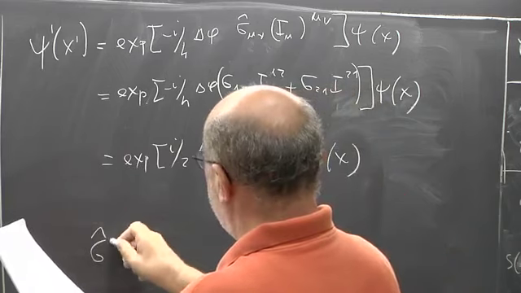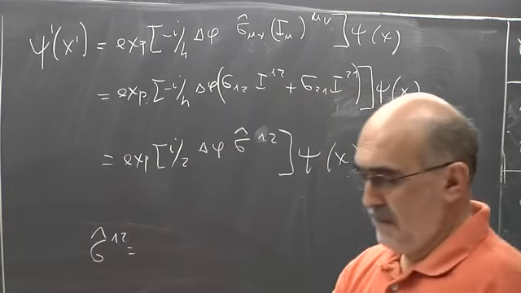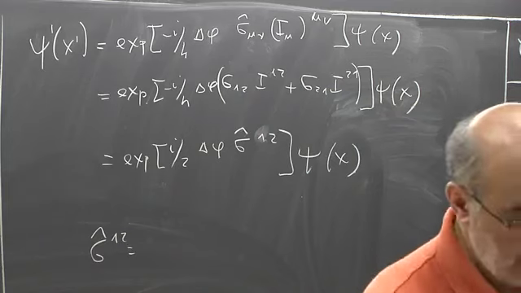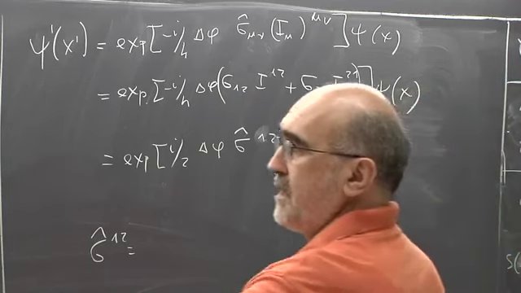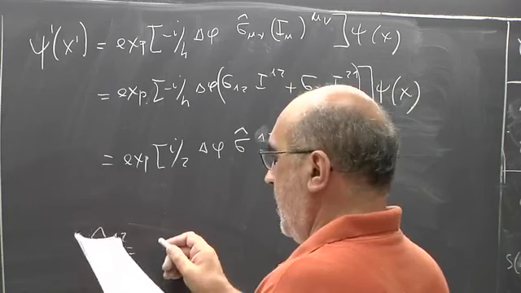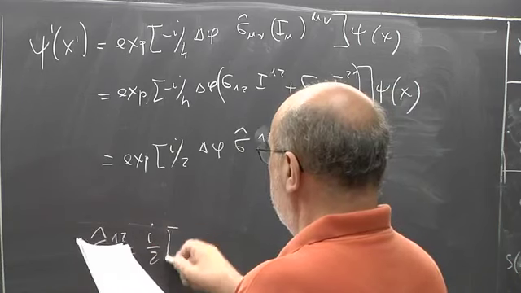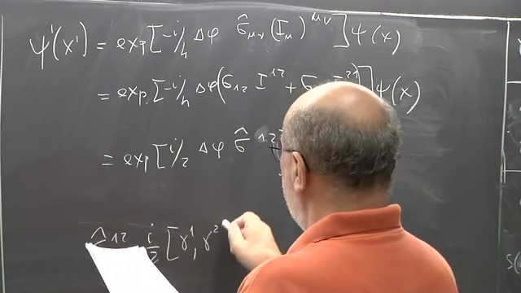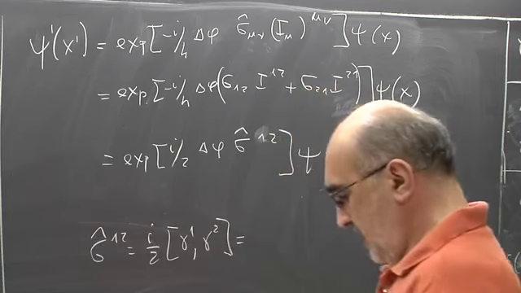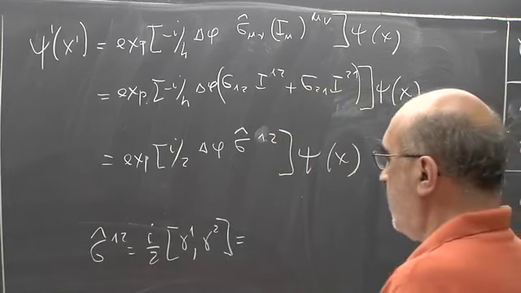But let's go and see what sigma^{12} is. Sigma^{12} is, from the definition, i over 2 gamma^1 gamma^2. Let's work that out in detail.